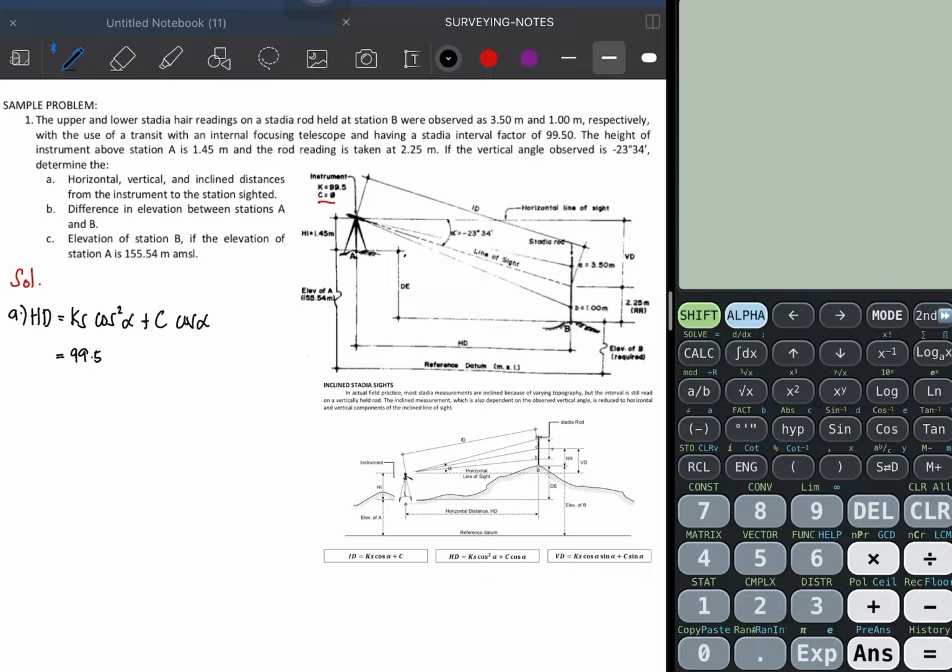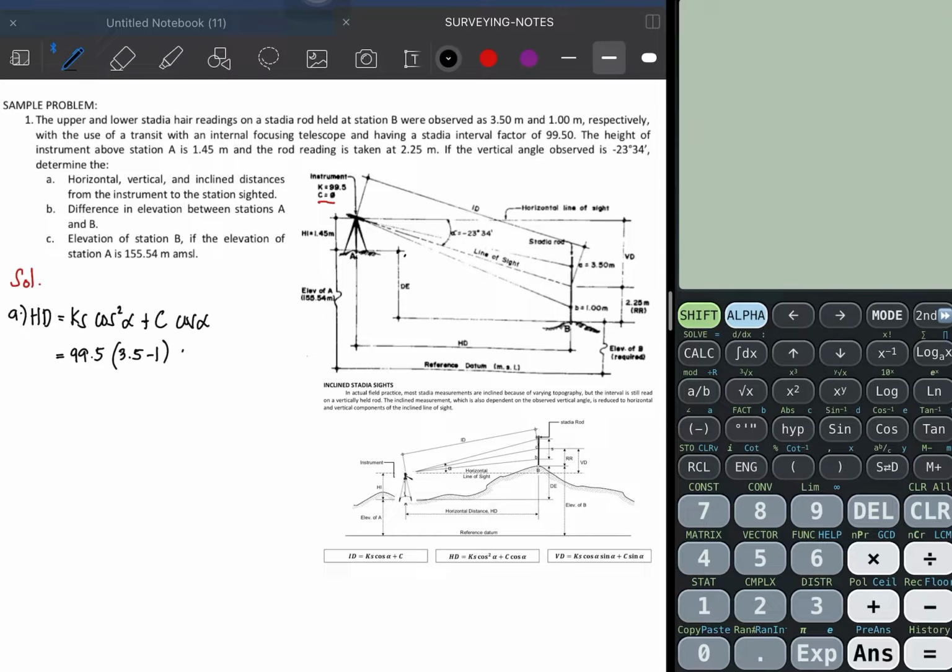You have your K, which is 99.5. And then S, that is A minus B, which is 3.5 minus 1.